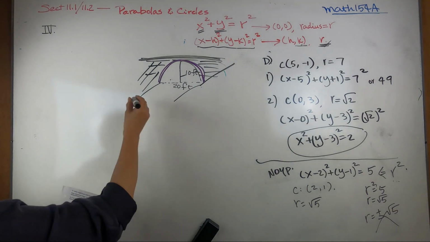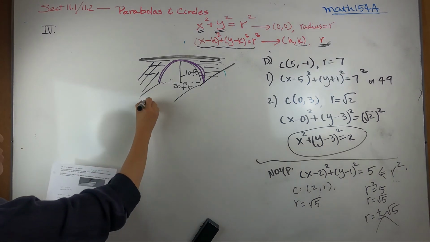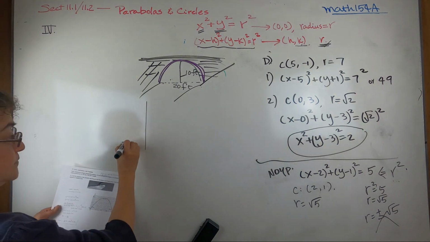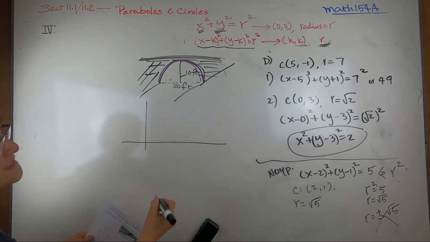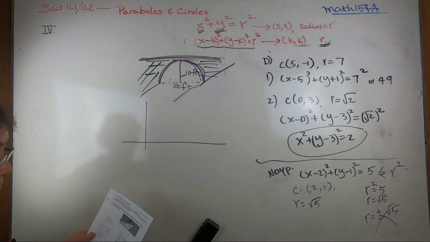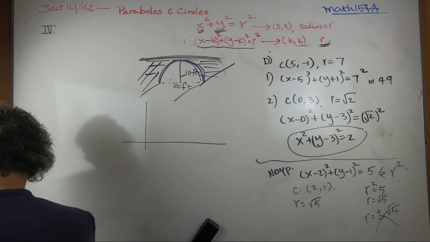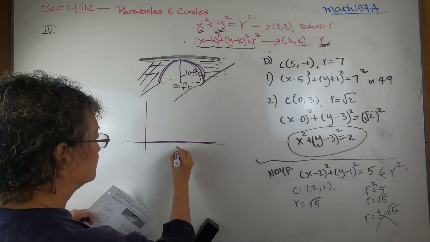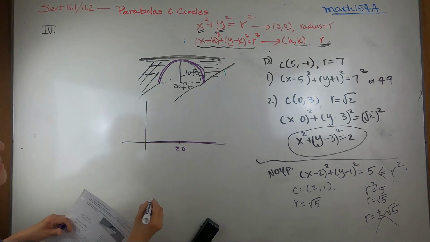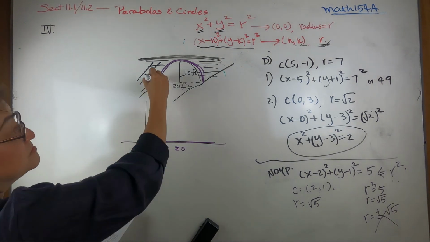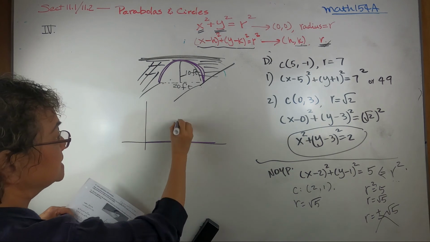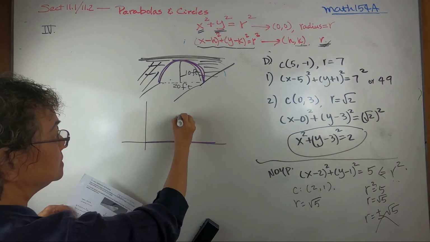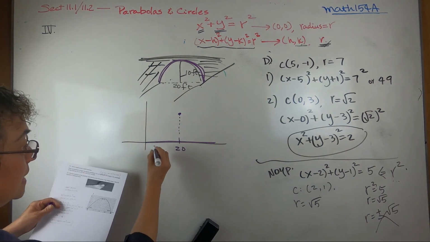So you can look at it this way. If you write the x and y axis, so you can see it better, right? So we want what? 20 feet here. 20. Okay? Then it's symmetrical, right? So it's 10 here, then 10 here, right?